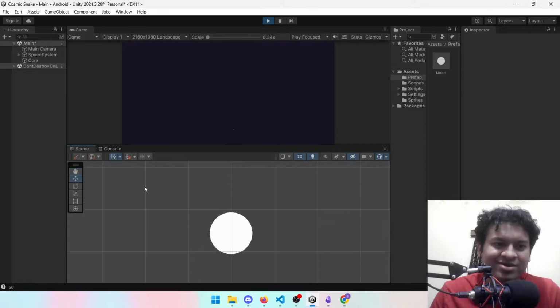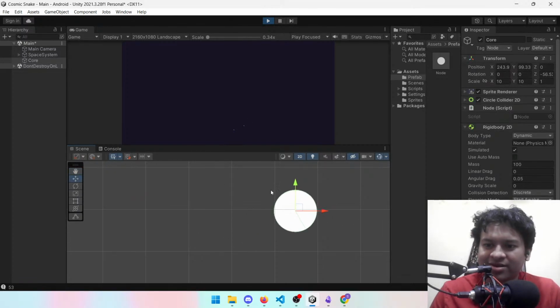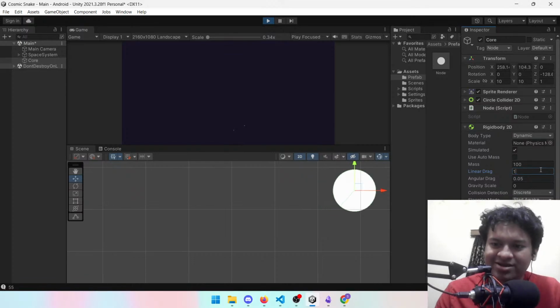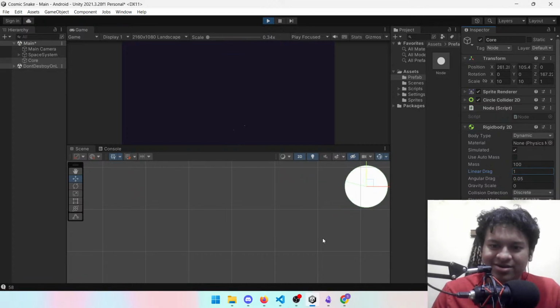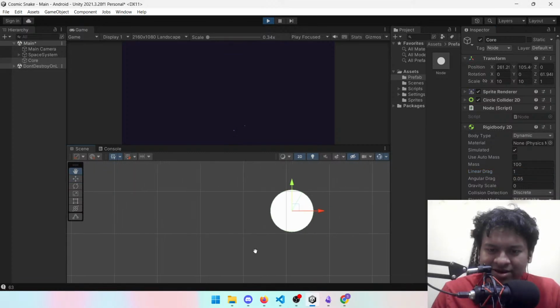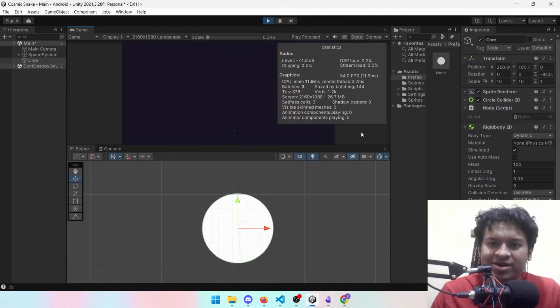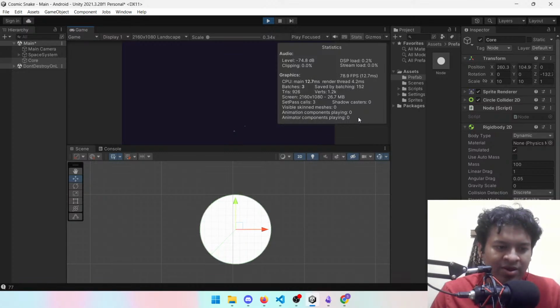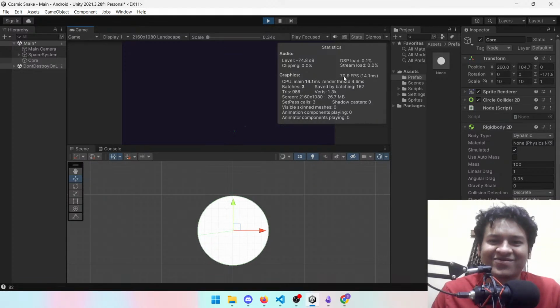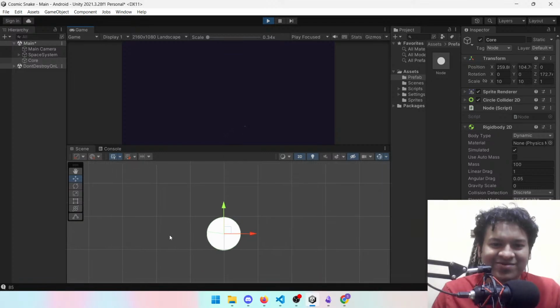Or is it because this guy does not have linear drive? It's moving. It's getting pulled by others. What's the frame rate we're looking at? We got only 70, given the amount of elements we have.